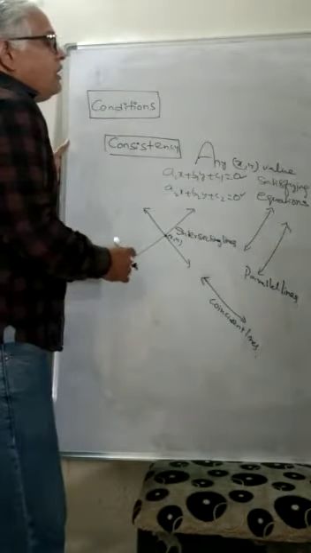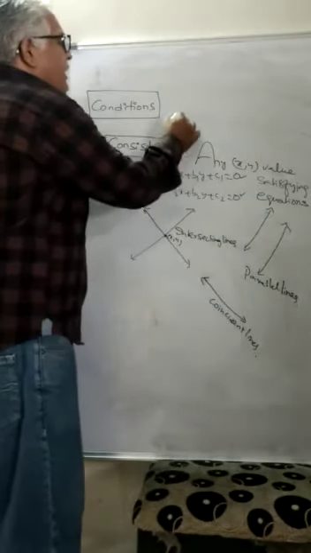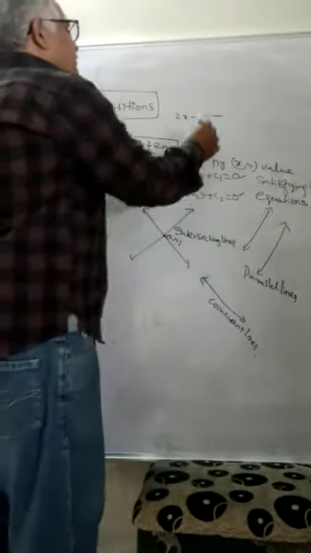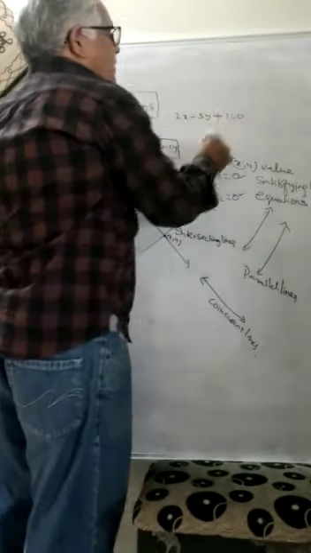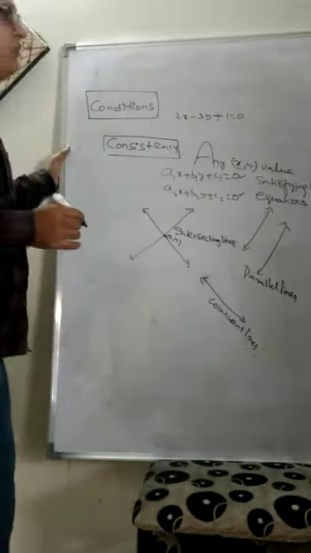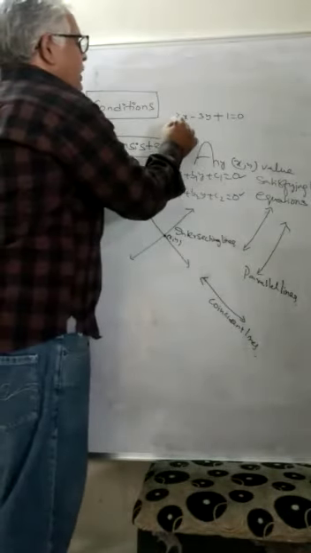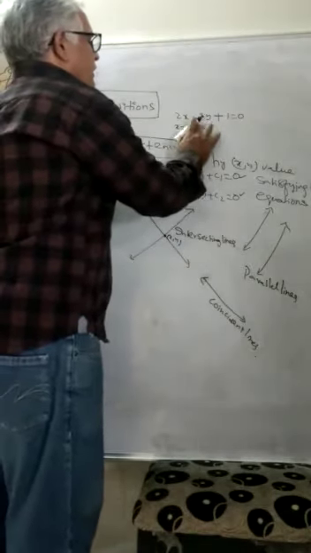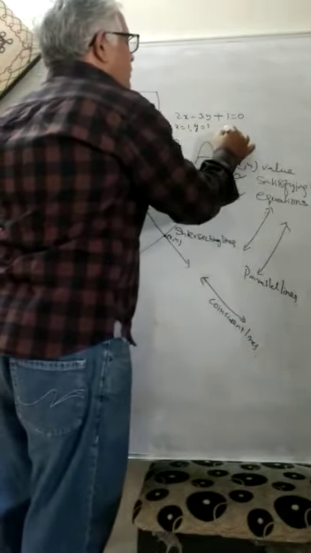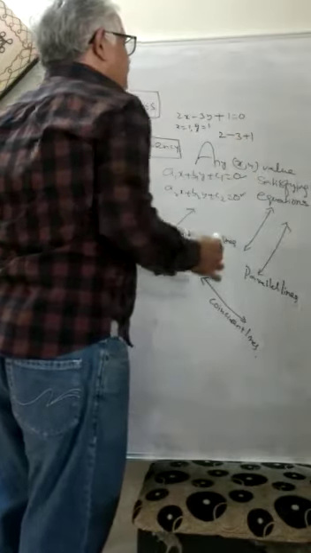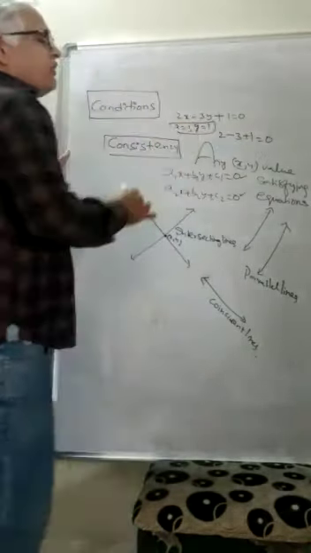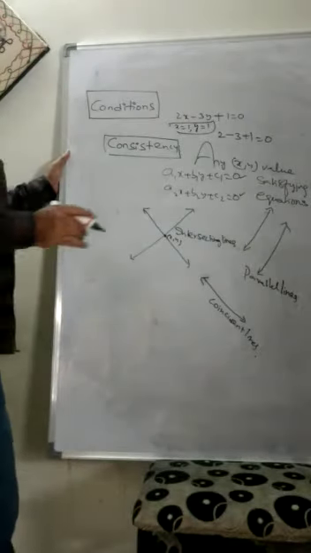See, for example, 2x minus 3y plus 1 is equal to 0. Is this a linear equation? Yes, it is a linear equation. You put x1, y1, so 2 minus 3 plus 1, which is equal to 0. So this x1, y1 is said to be satisfying the equation.